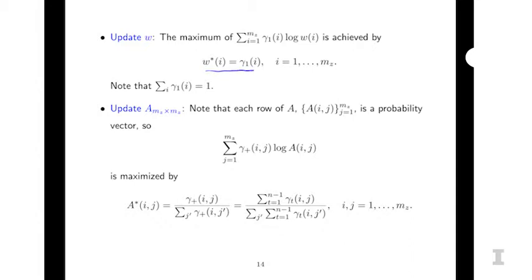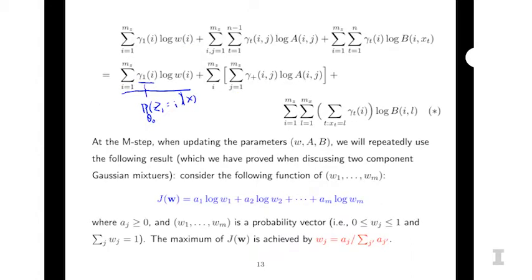And next, we're going to update the transition probability matrix A. Remember, each row of A is a probability vector because it is the probability of transition from i to the other m_z latent states, including the ith latent state. So we can do the update of A for each row. If we fix i, for any given i, let's look at this term.